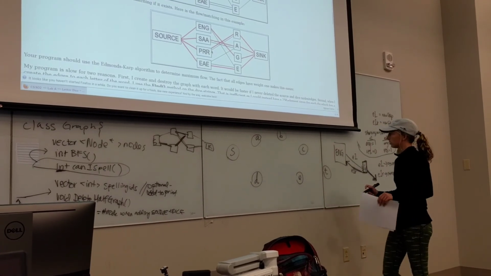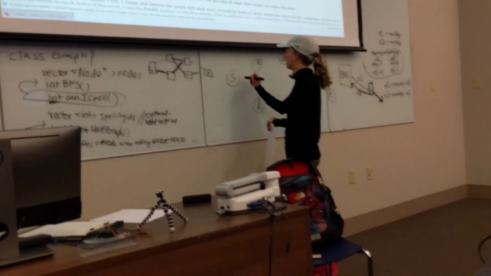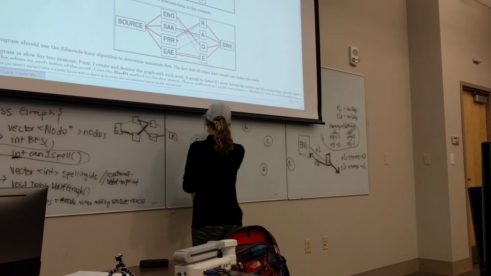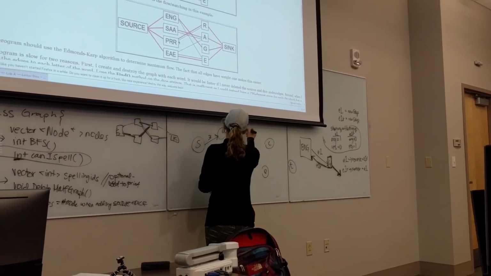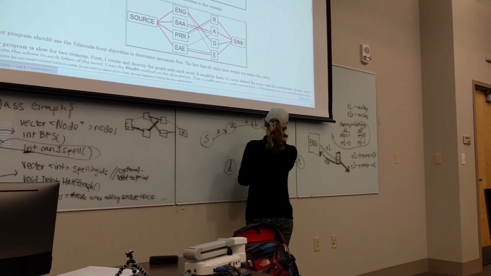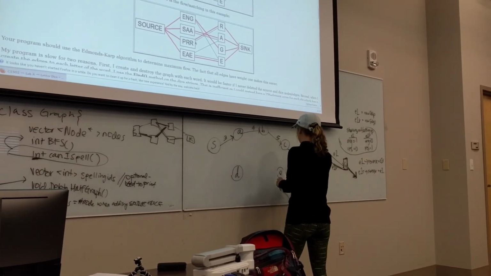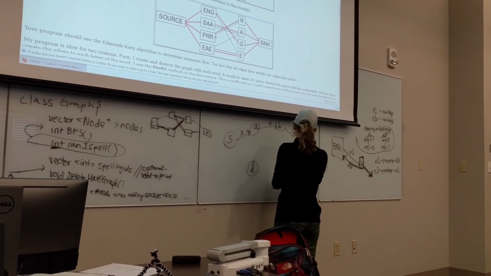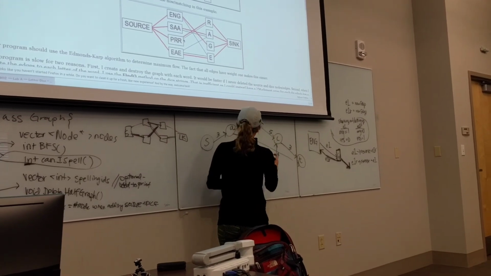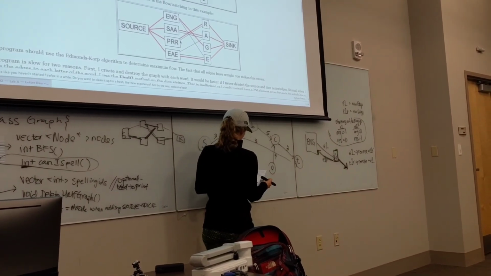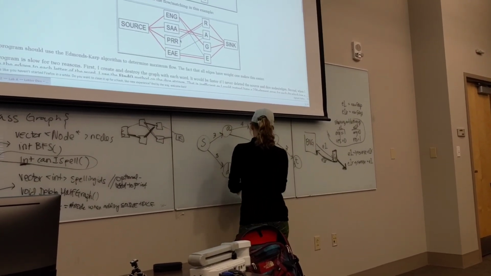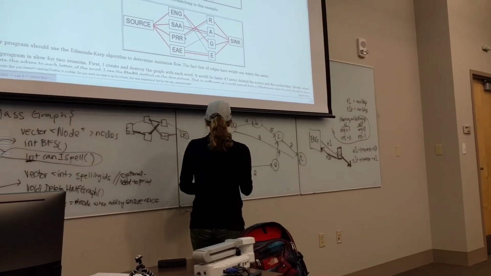S is my source and T is my sink, and this has a flow of 3. So okay, let's say I take this path.